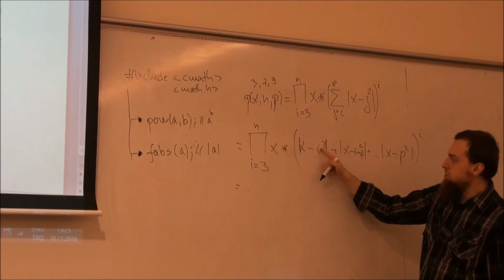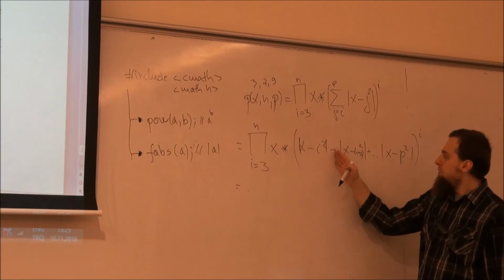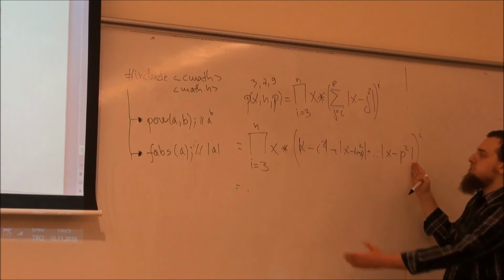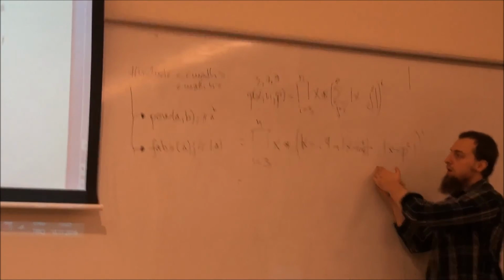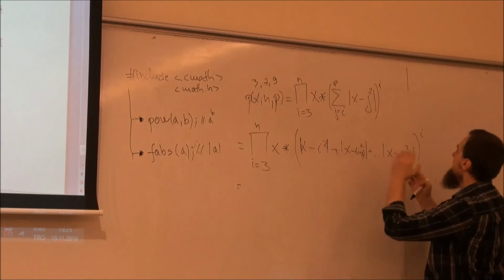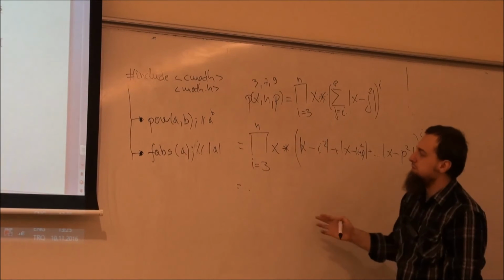So we calculate this one, then this one, absolute value. We will have the summation of those, and when we have summation, we do it with a for loop. And when we find all the summations, we just put it to the power of i. Okay? So this is it.